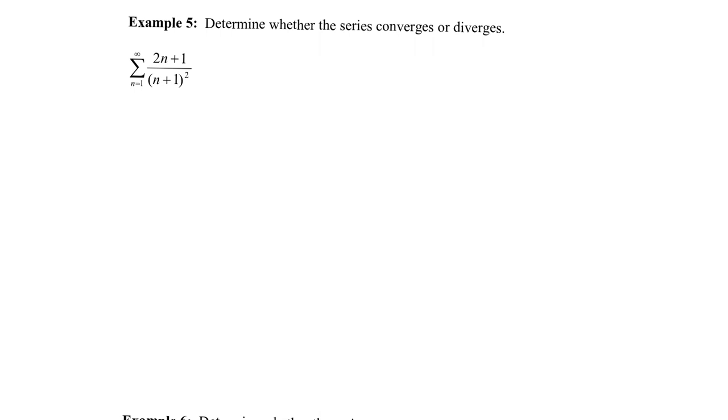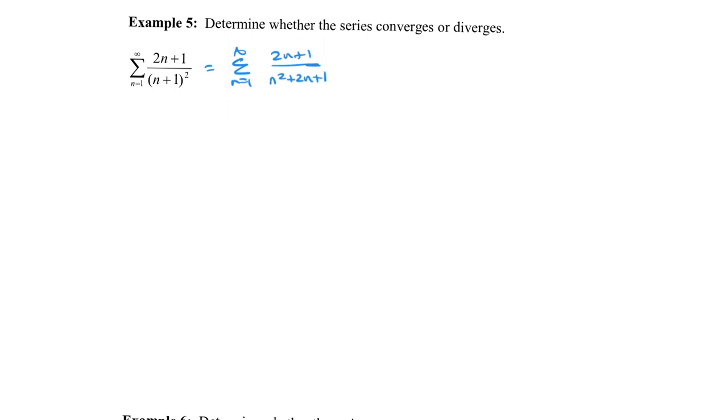So we got this series here, and what you want to do a lot of times is just kind of get a feel for what it probably does long term. So first let me just expand this and see what we get. So this is equal to the sum from n equals 1 to infinity of 2n plus 1 over n squared plus 2n plus 1.